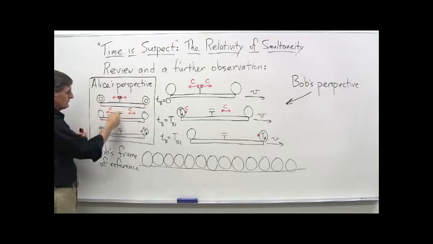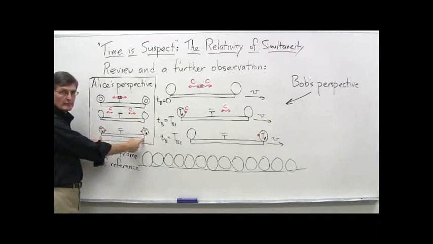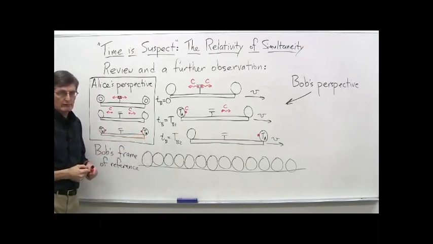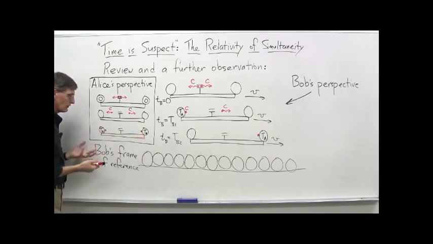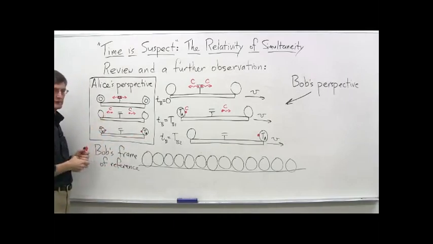En route, each light pulse is traveling with velocity c, and because they're equidistant from the two clocks from the middle here, she sees the two light pulses hit her two clocks at exactly the same time, capital T sub A in each case. That's what her observation is. So as far as she's concerned, nothing's wrong, nothing weird going on or anything like that.